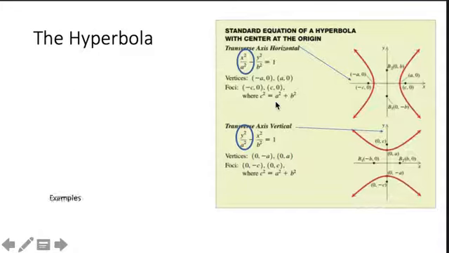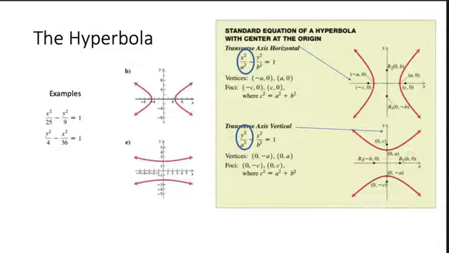I want to give you some examples. So here are two examples. x squared over 25 minus y squared over 9 equals 1. And y squared over 4 minus x squared over 36 equals 1. And I'm going to give you two graphs. Which graph goes with which equation? That can be determined if you know which axis is the transverse axis.